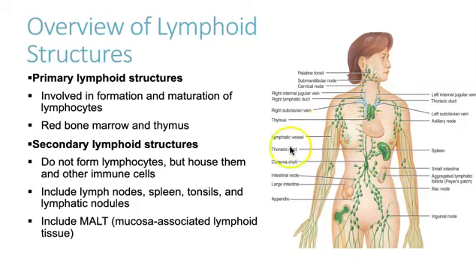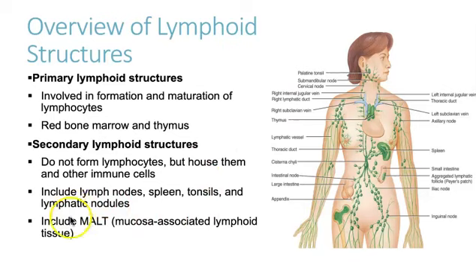So this would include our lymph nodes, which you can see in the area such as the axilla, in the cervical region, or the groin. We'll include the spleen here as well. The tonsils that surround the area in the oral cavity and posterior to the nasal cavity, and also lymphatic nodules that may be embedded within certain tissues.